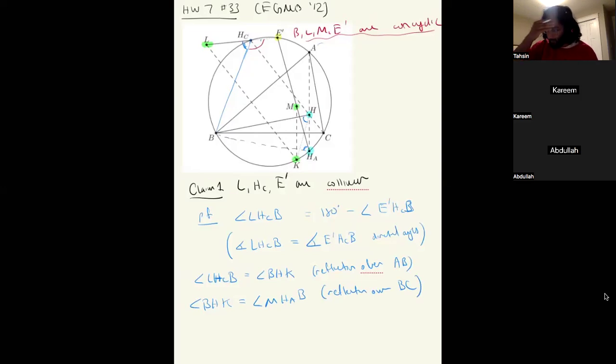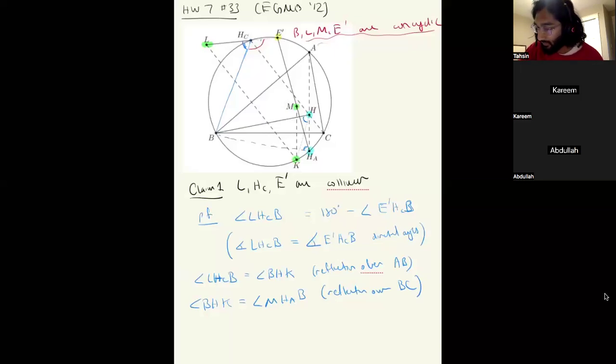Okay, but now at this point we're done, right? This new blue angle here is just supplementary to this red angle because there's a cyclic quadrilateral.